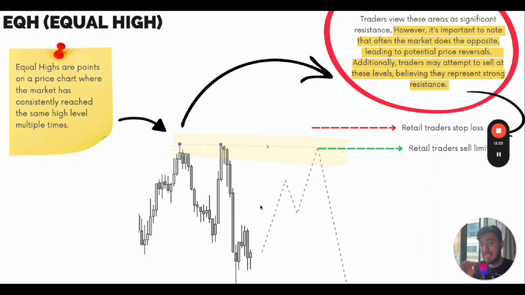Most of them, I can say 90% of them, believe that in the next mitigation price is still going to respect this resistance, but we know this is liquidity. Even if price does respect it in another mitigation, that is going to be another type of liquidity that I'm going to talk about.